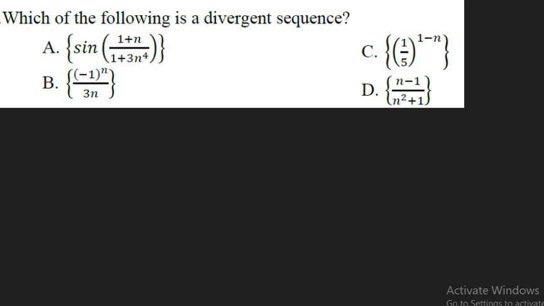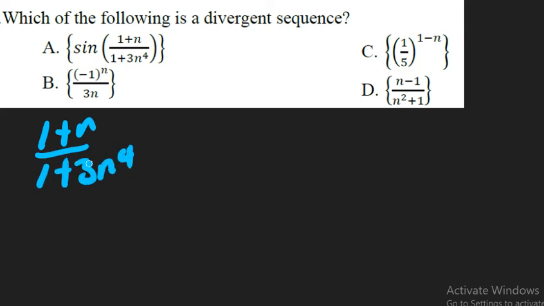When you go to the next question, it says which one of the following is a divergent sequence? To check the divergence of a given sequence, what to do? You are going to find the limit of each sequence as n goes to infinity. So first of all, when you go to A, it says (1 plus n) over (1 plus 3n to the power of 4).